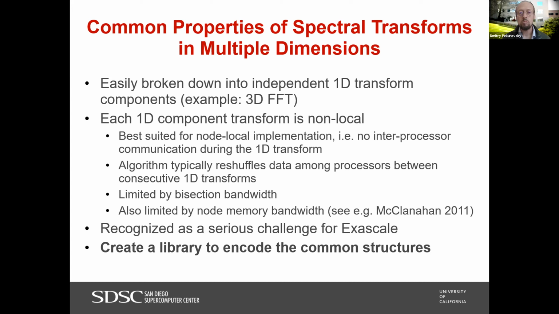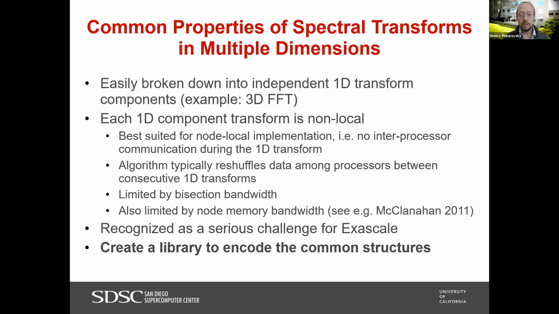But then the algorithm reshuffles the data among processors between the consecutive 1D transformations. And it has been shown that this algorithm contains global all-to-all communication, and so it's limited by bisection bandwidth. That's what makes it difficult to bring to exascale. And it's also severely limited by node memory bandwidth.